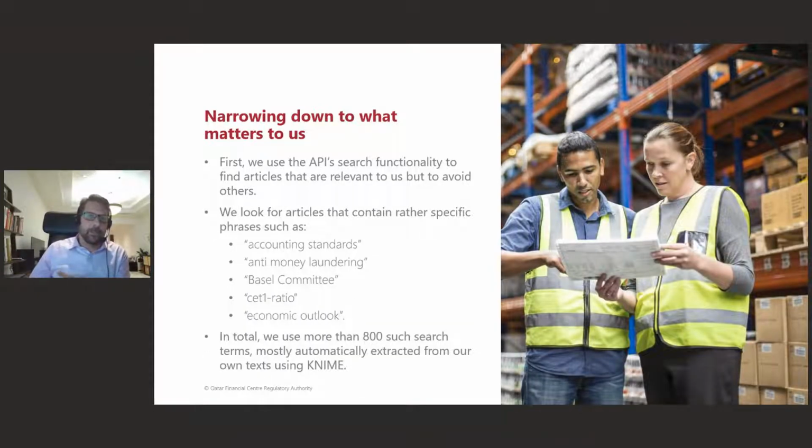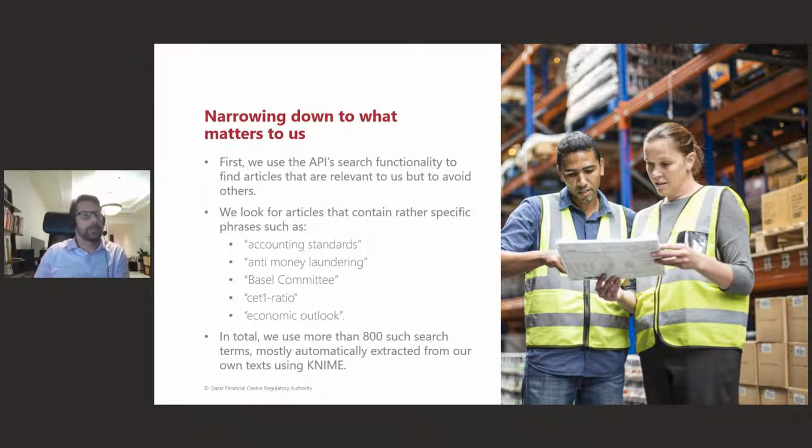So we thought we are clever. We use Knime already in here. We put a number of our historical reports, which we have written in-house over time, and we extracted n-grams from them using Knime.